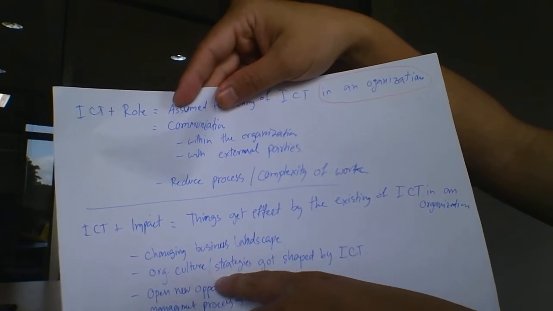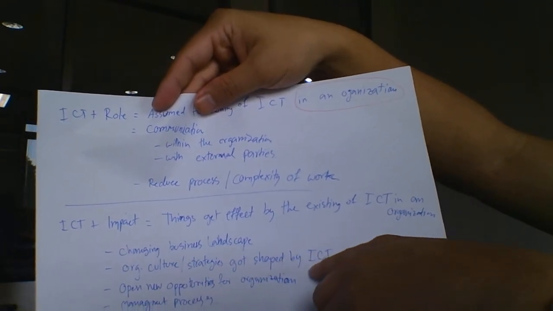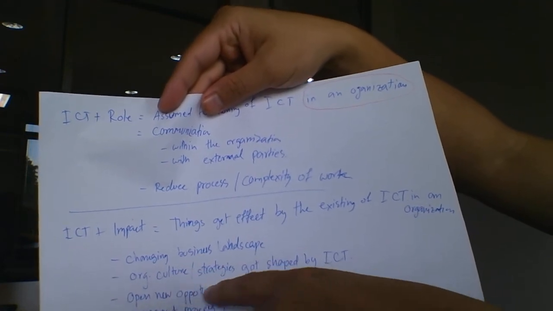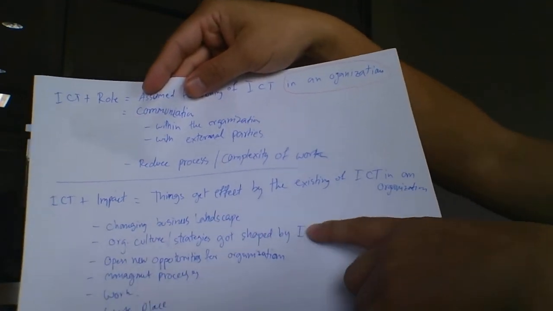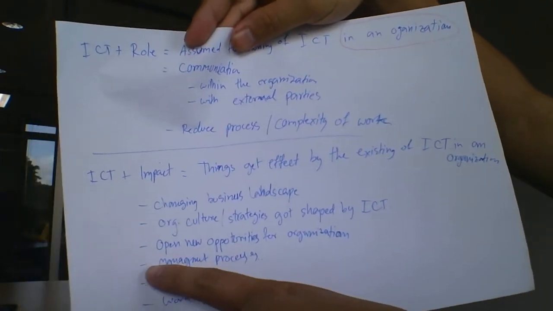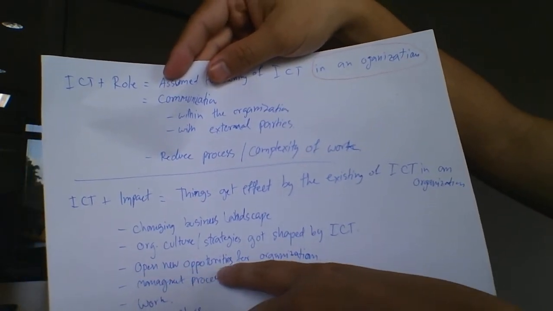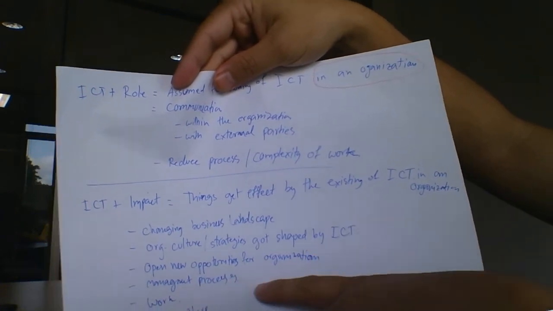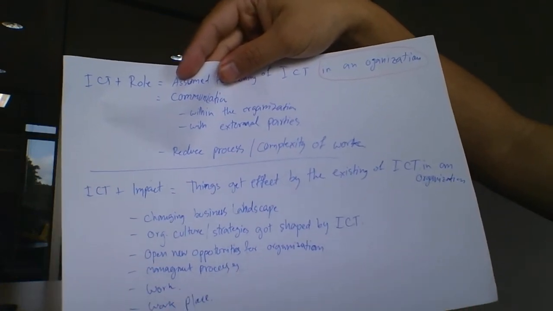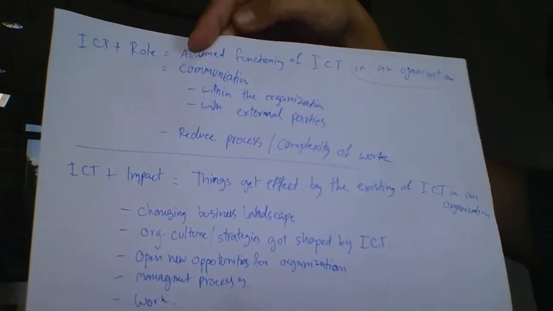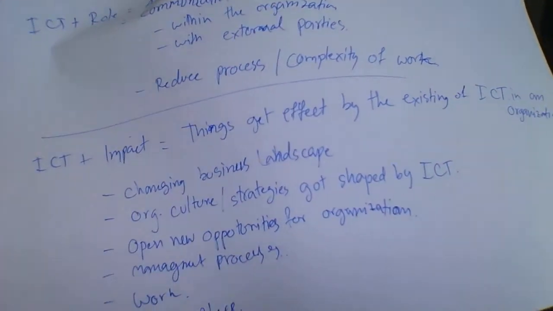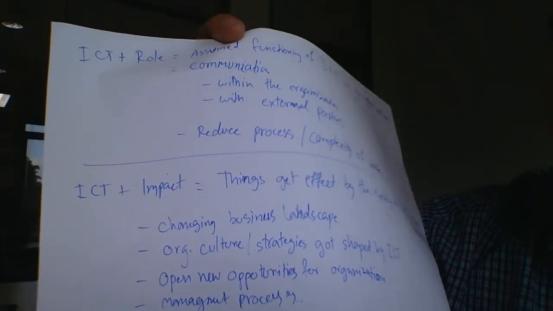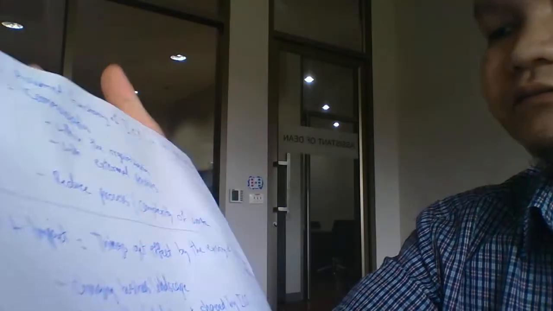Organization culture and strategies get shaped by ICT. The culture and strategy of the organization may be changed because of ICT. ICT can open new opportunities for the organization. Management process can be changed. Work can be changed. Workplace can be changed. So this is what gets affected by ICT implementation.